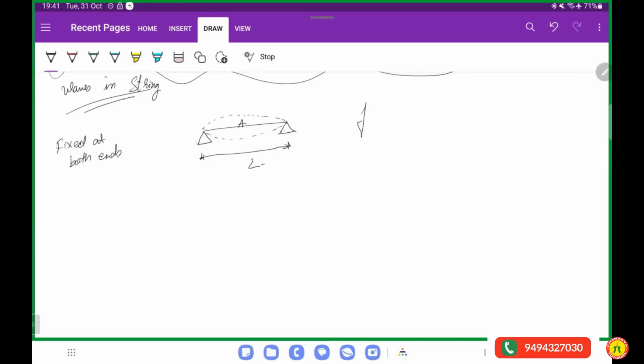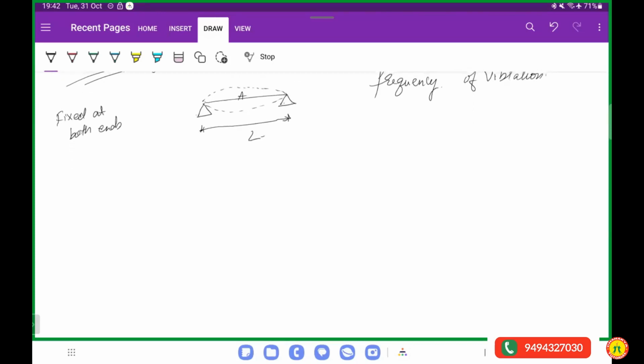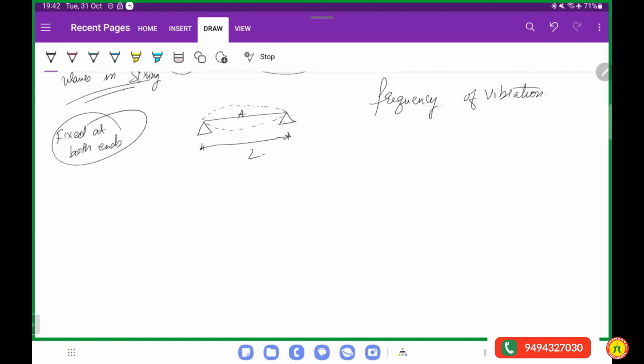Now the frequency of vibration for this one. Okay, this is fixed at both ends.